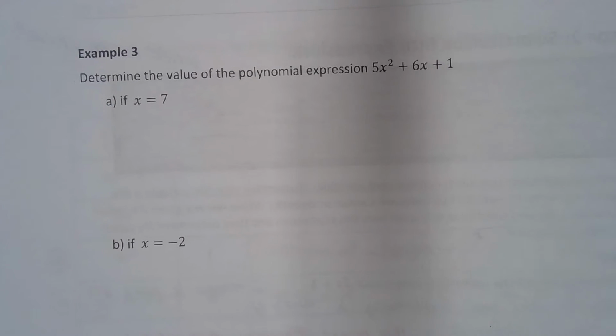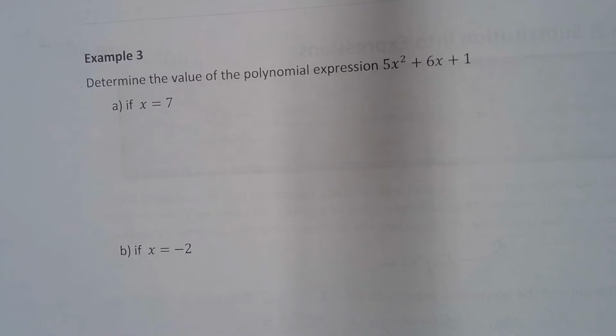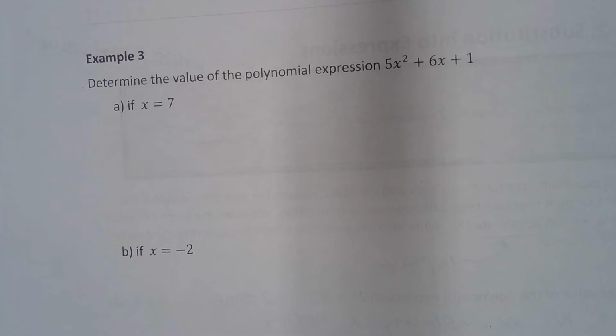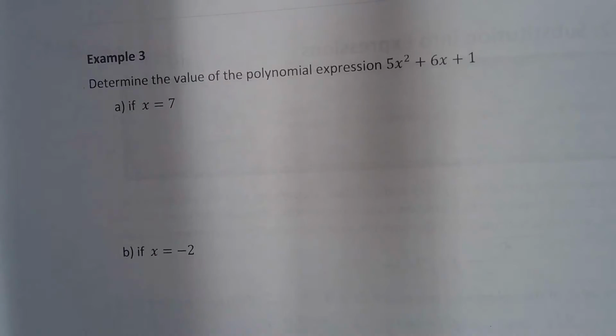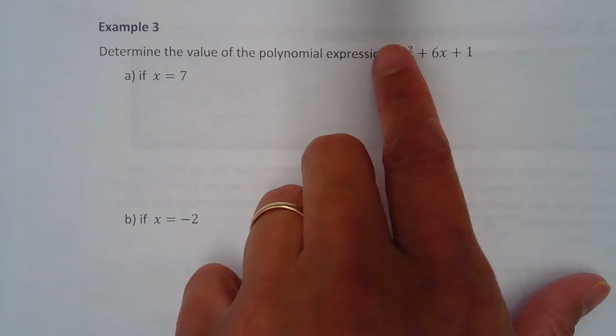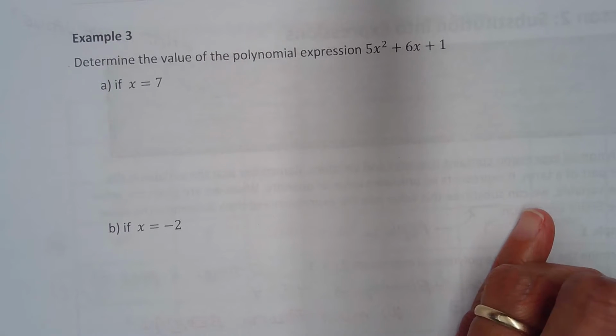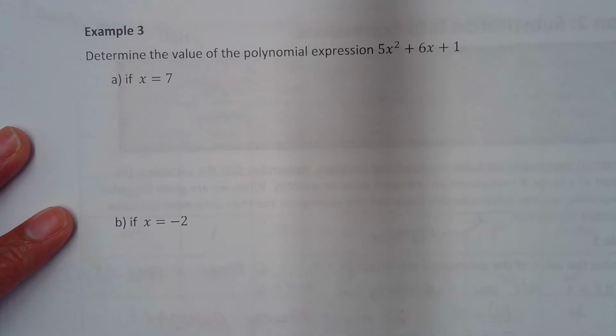Example 3. What kind of polynomial do we have in here? We've got 5x squared plus 6 times x plus 1. This is our expression. What are we replacing by? We're replacing the x with 7.